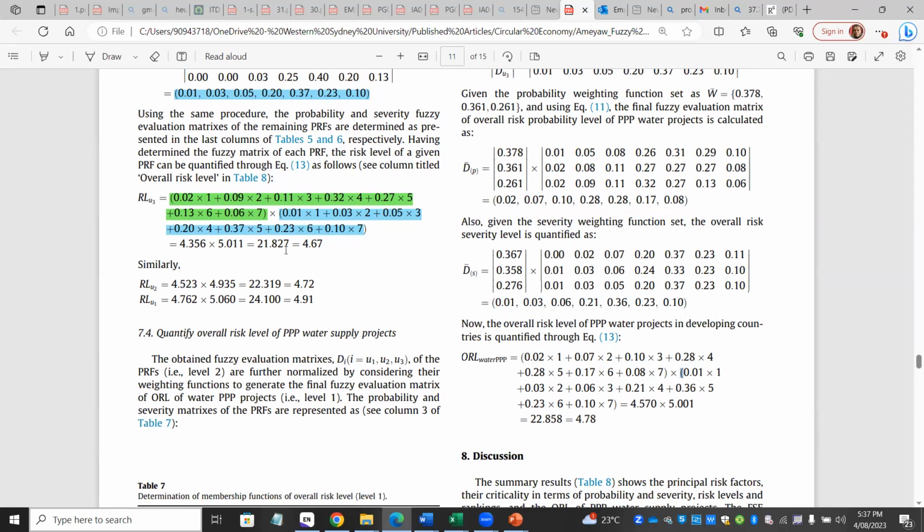Okay, just like how we did it for individual. So this is what I want to say. With respect to section 7.3, the criticality index was computed for the groups, each of the groups.